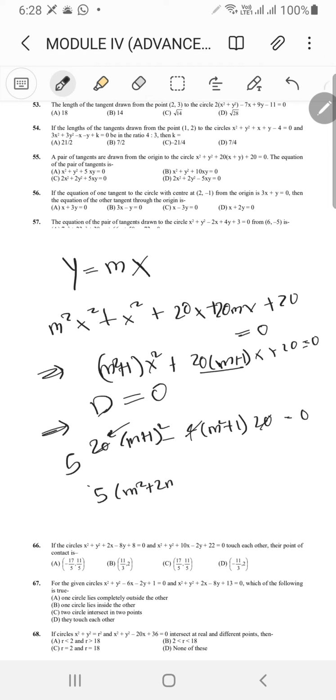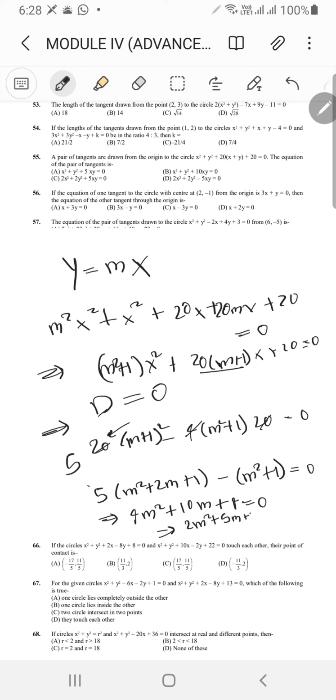So 5 into m plus 1 squared, which is going to be 5 into m squared plus 2m plus 1, minus m squared plus 1 is equal to 0, which means 4m squared plus 10m plus 5 minus 1, which is plus 4, equal to 0, which means 2m squared plus 5m plus 2 equals 0, which means 2m squared plus 4m plus m plus 2 equals 0, which means m plus 2 into 2m plus 1 equals 0.